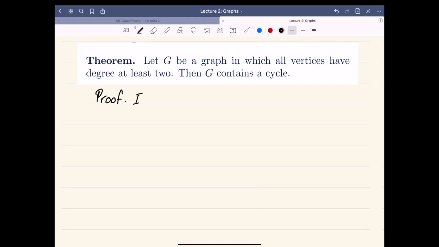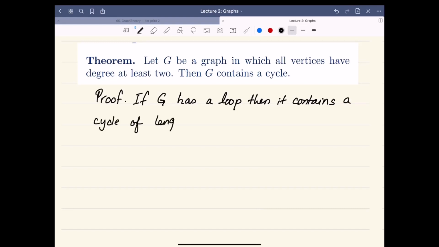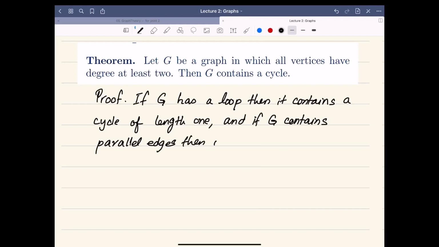So let us say that if G has a loop, then it contains a cycle of length 1, and if G contains parallel edges, then it contains a cycle of length 2.